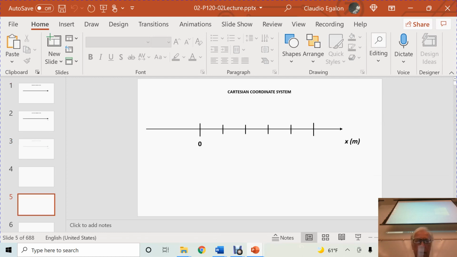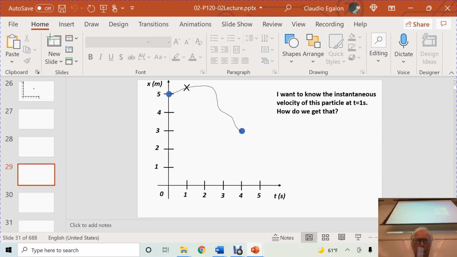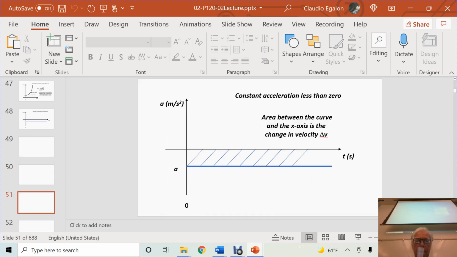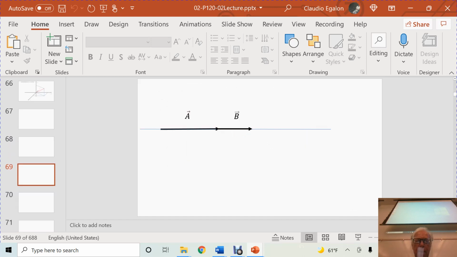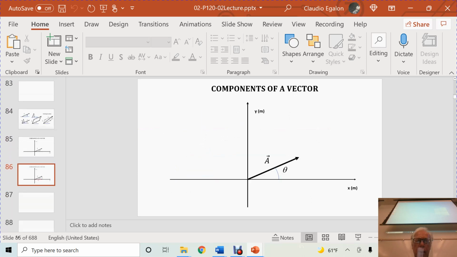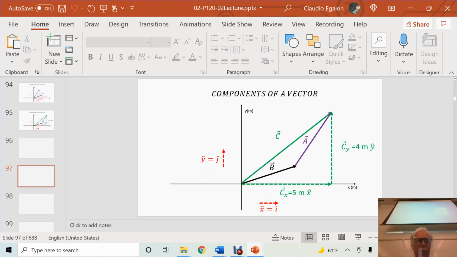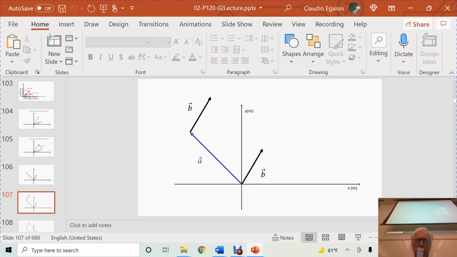Okay, so let's see. Vectors, vectors, head to tail, parallelogram. Go. Components of a vector. Oh, my computer is getting slow.